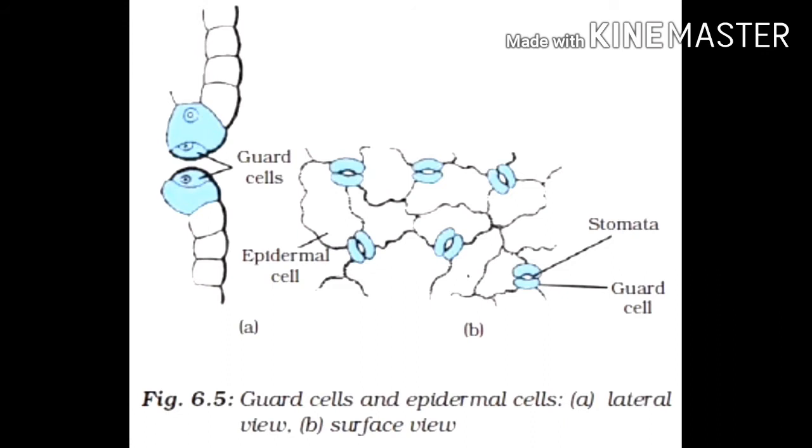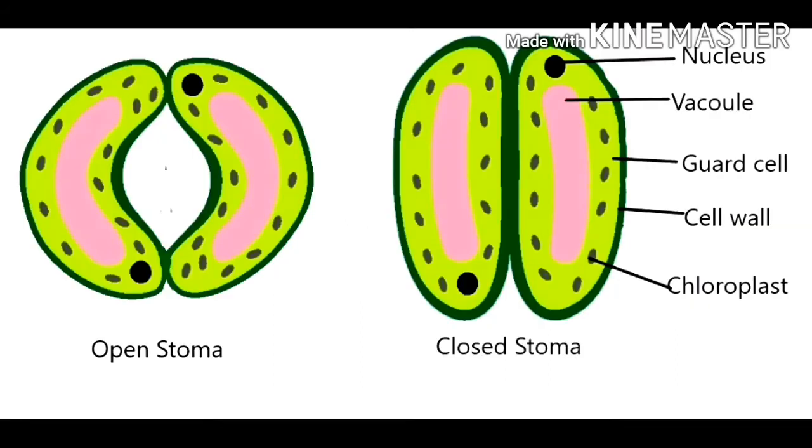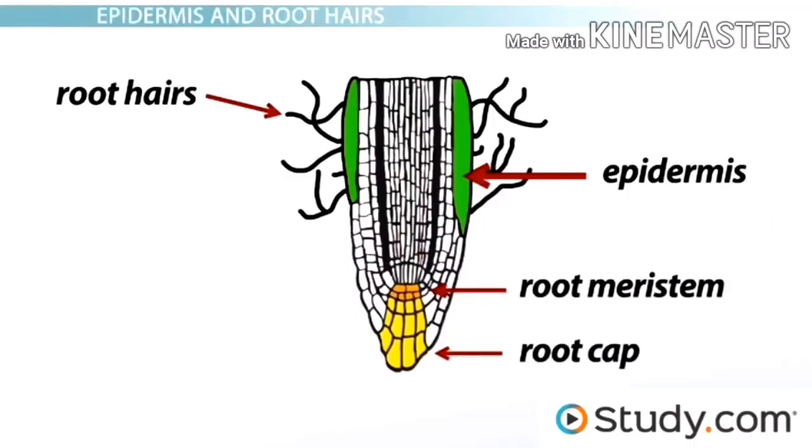Because during photosynthesis, plants take carbon dioxide and release oxygen in the atmosphere. So this gaseous exchange takes place through stomata. And transpiration also takes place through stomata. Transpiration is the loss of water in the form of water vapor.